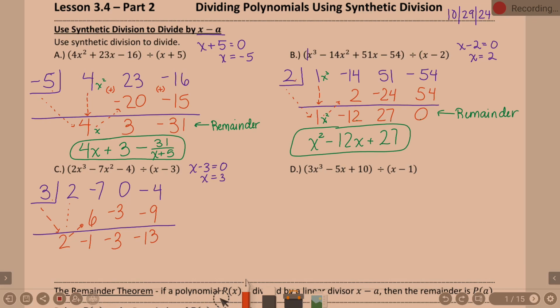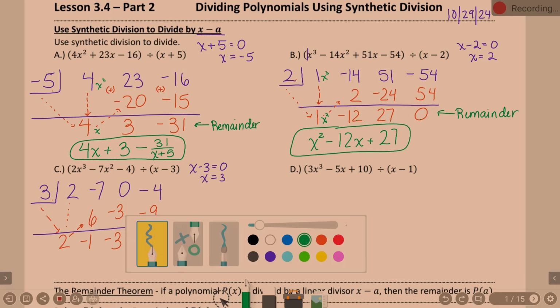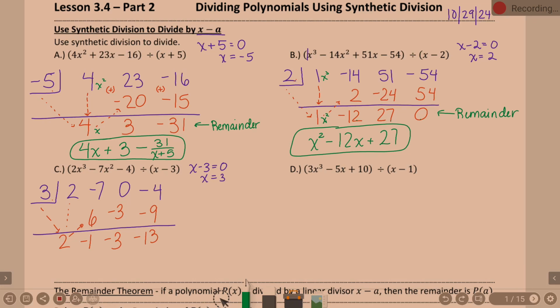Okay, guys. Can you write your answer? 2x squared minus 1x minus 3, and then minus 13 over x minus 3.